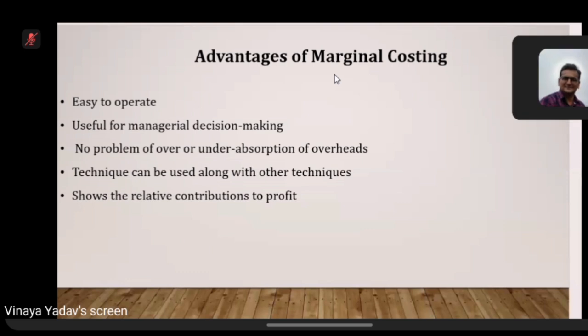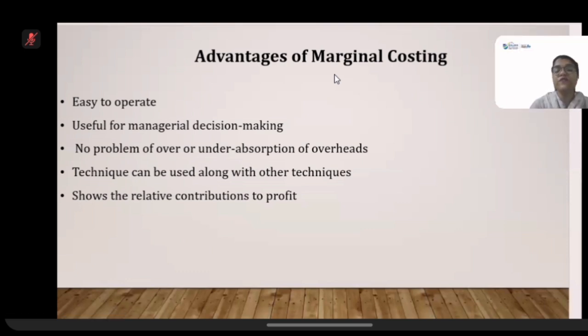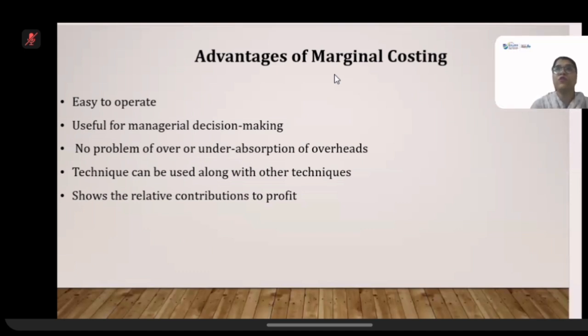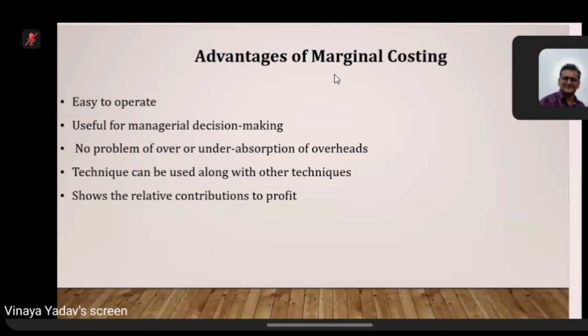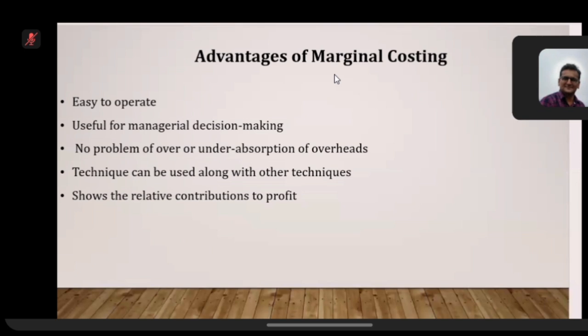So we use both for different purposes. When your PV ratio is, let's say, 25%, that means your product gave you 25% profit compared to the cost that you spent.